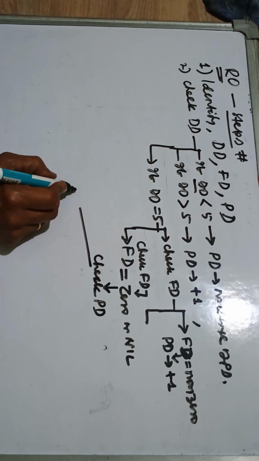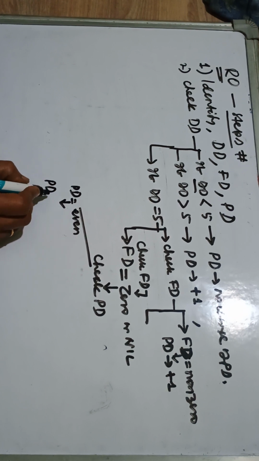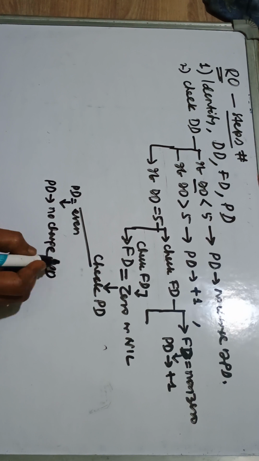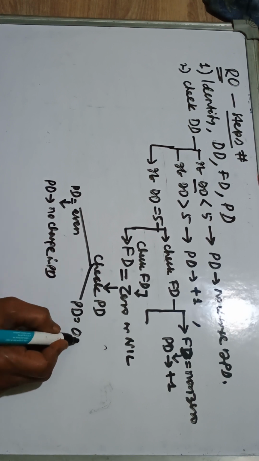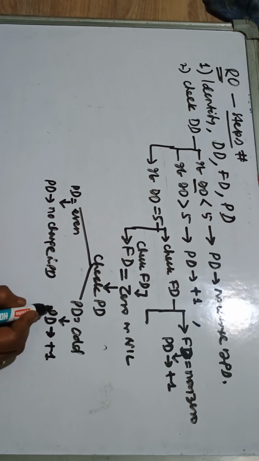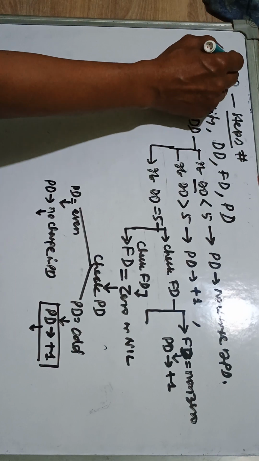If PD is even, no change in PD. If PD is odd, then PD will be modified, or increased by one. And this DD will be dropped in all cases. This is the rounding off.